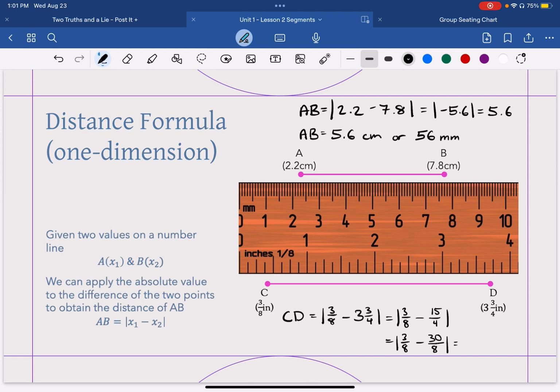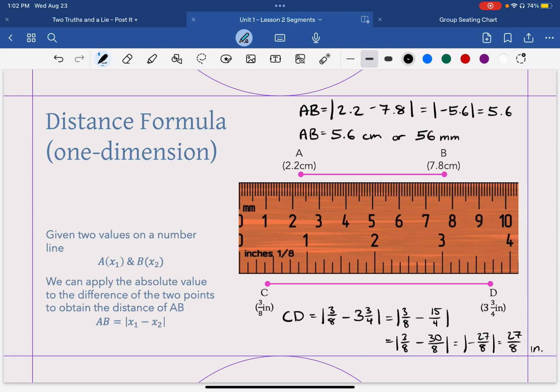Okay, and this is going to give us a negative 27 over 8, which is going to give us a positive 27 over 8 inches.